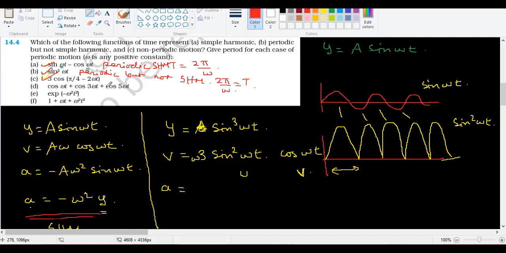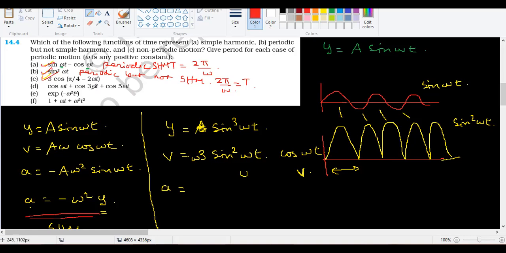This one I told you, whenever you see cos or sine and a combination of plus minus, then it is simple harmonic motion. So I wrote it as not simple harmonic motion. Sine and cos. So differentiate this.